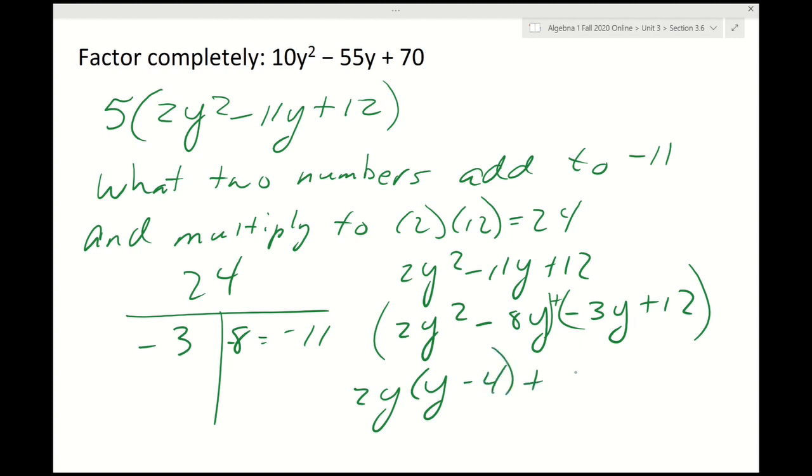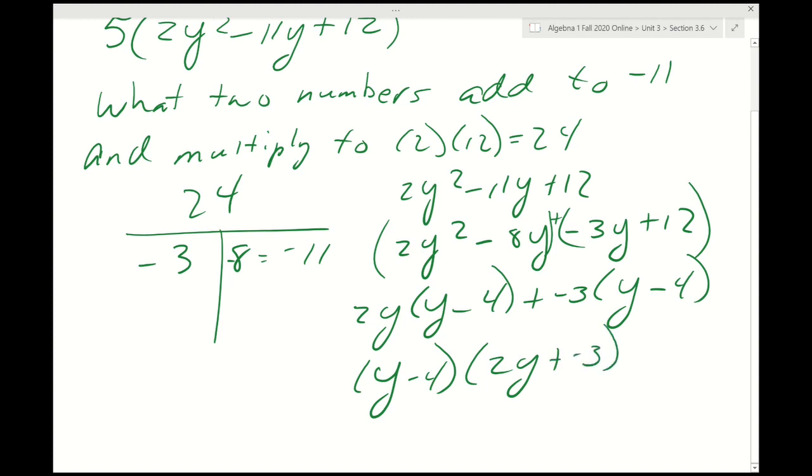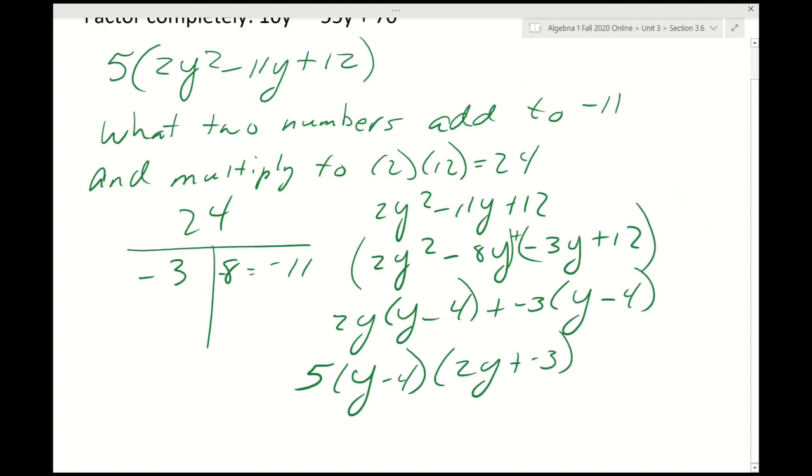And the second ones, if I take a negative 3 out, have a y minus 4 left. So I now have y minus 4 and a 2y plus negative 3, or 2y minus 3. But don't forget, I had a 5. So I have to include that in the end.